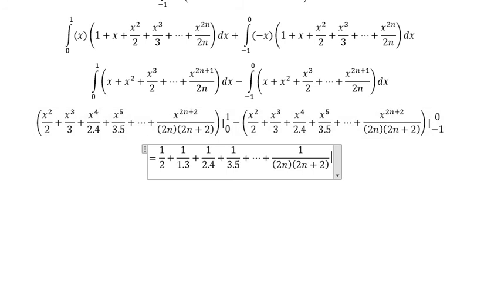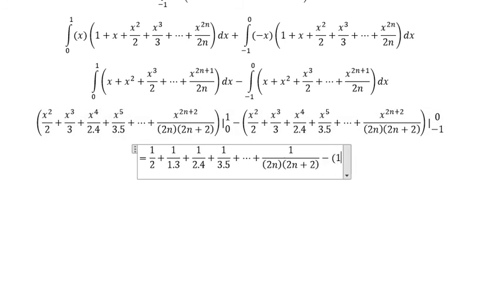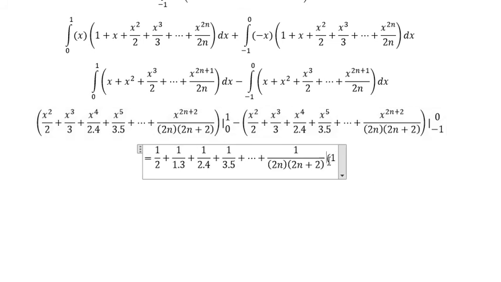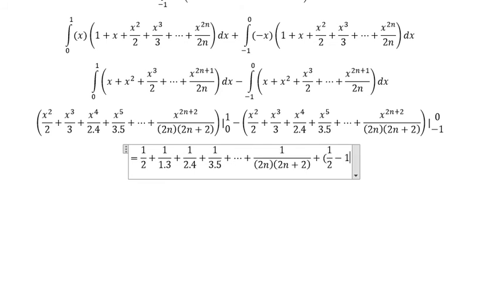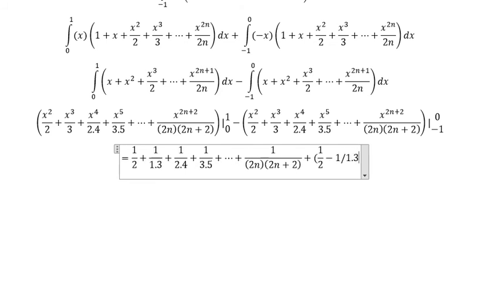In this one, because of 0, we get the negative 1. We put the negative outside, so we get positive, and we get negative 1 over 1 multiplied with 3.